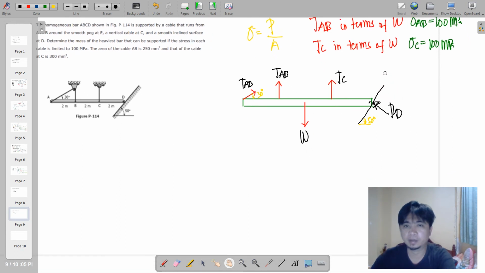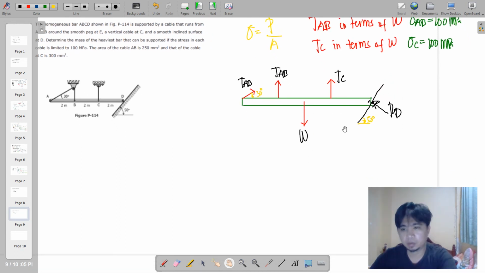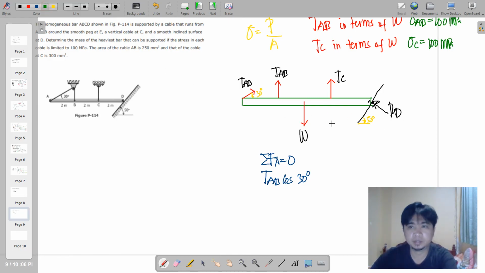So we can do that through the three equilibrium equations, starting with summation forces X equal to 0. We have a rightwards TAB cosine of 30. And then first, we have the components of RD.